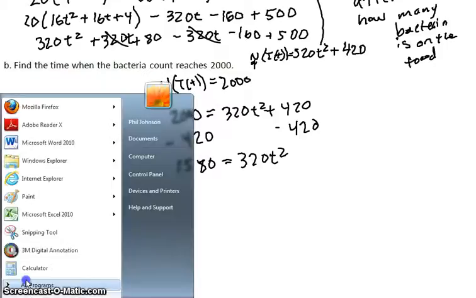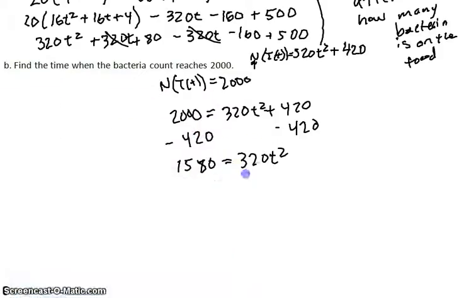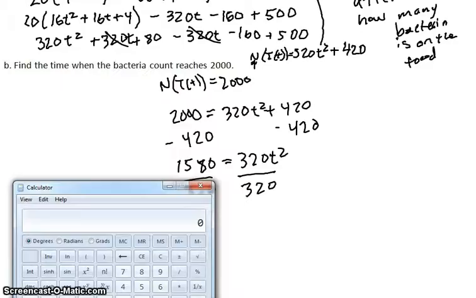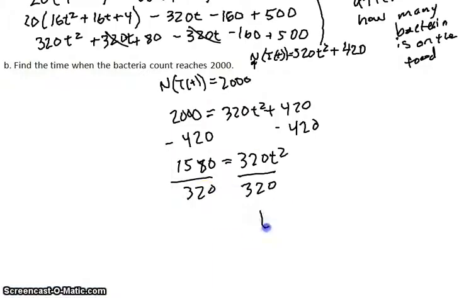So what I have left then is I have to divide by 320, and I'm not sure what that is off the top of my head. So if I take 1,580 and divide it by 320, I get 4.9375, and that's t squared.